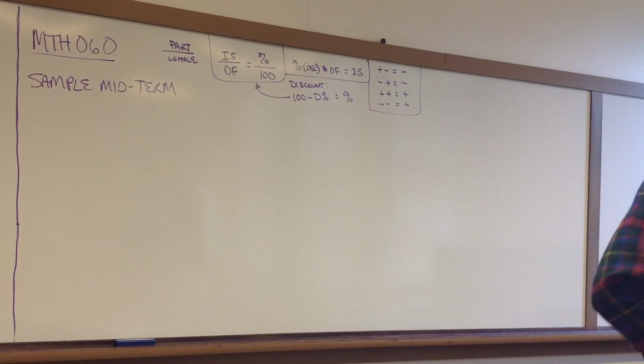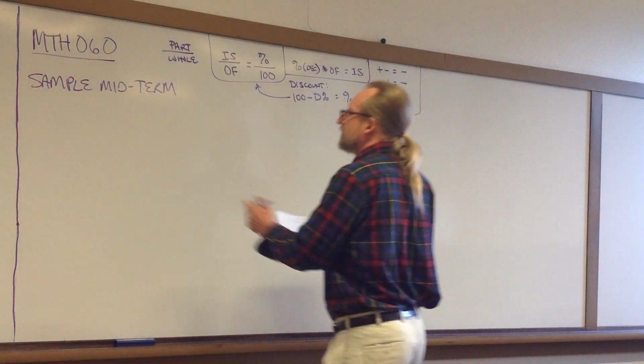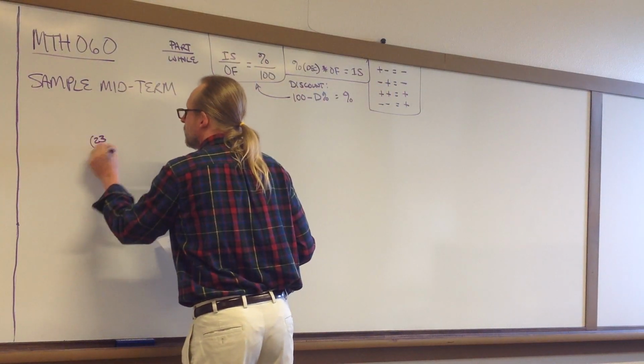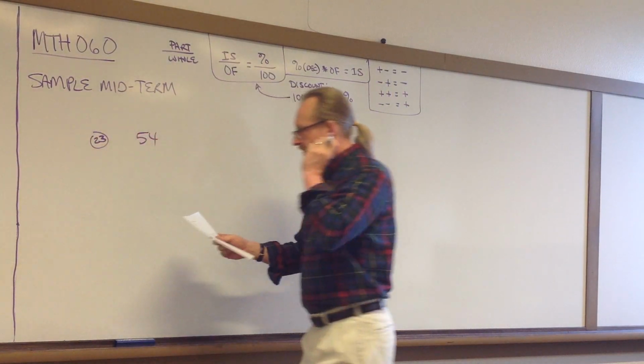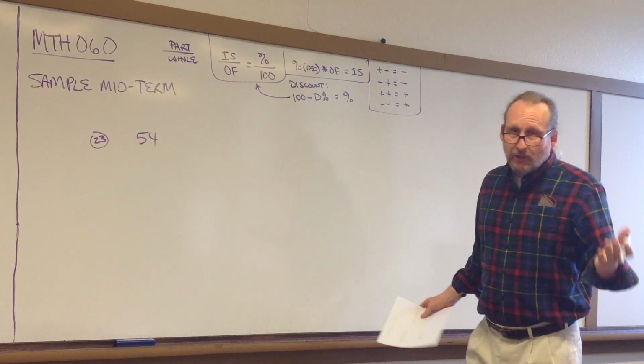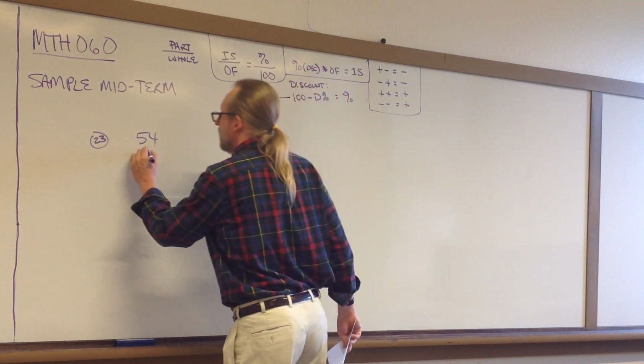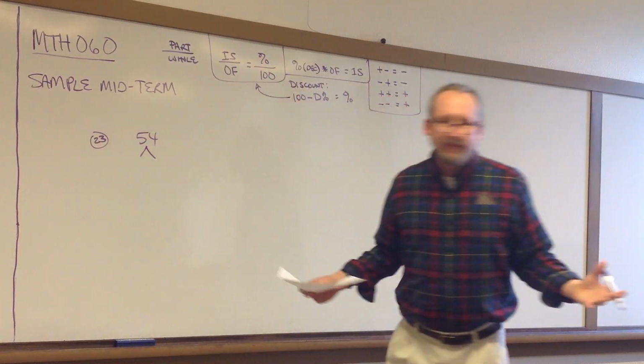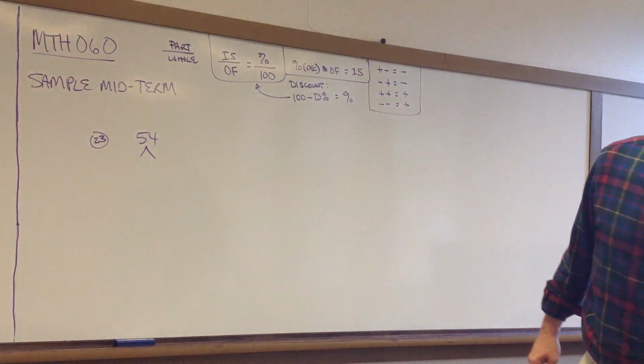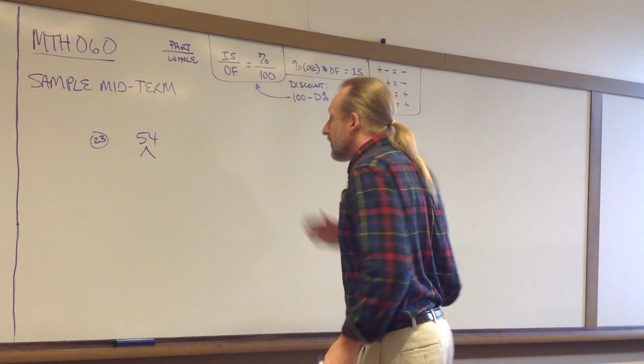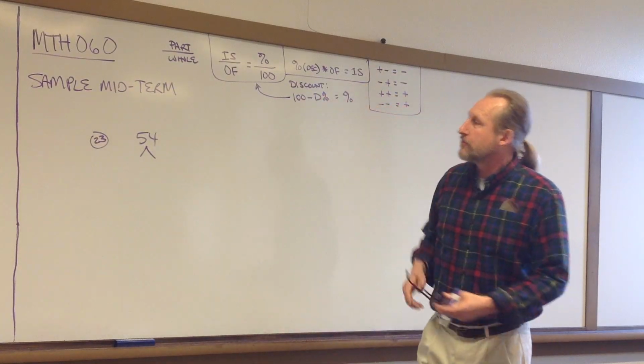Problem 23, express 54 as the product of prime factors. That means we want to make a factor tree. You can start however you like. If you recognize 54 as 6 times 9, great.